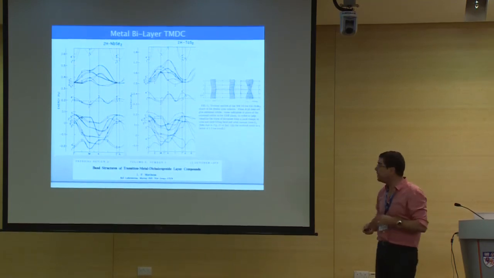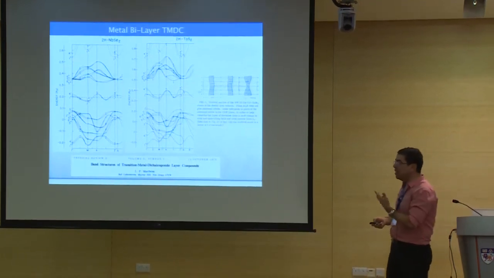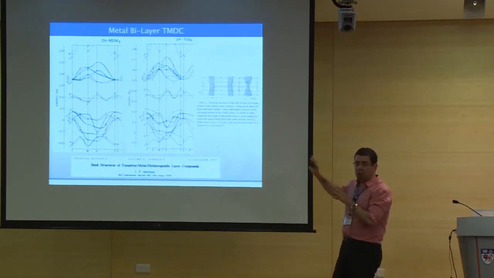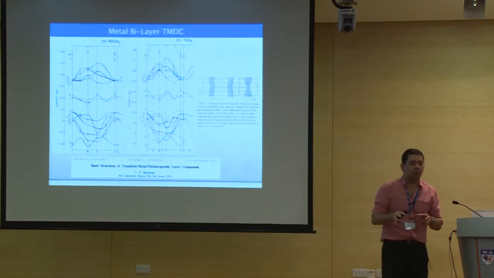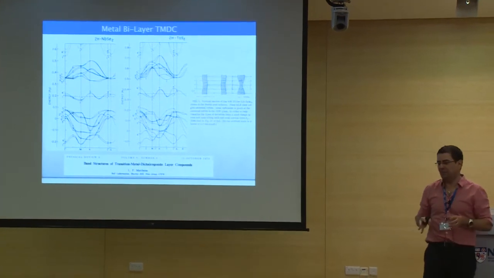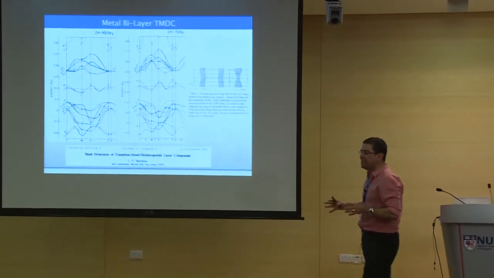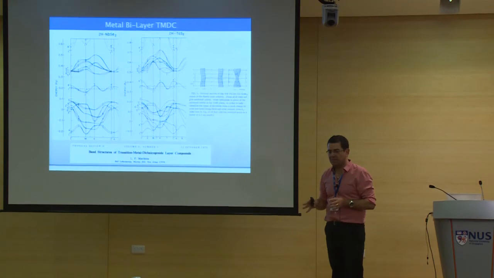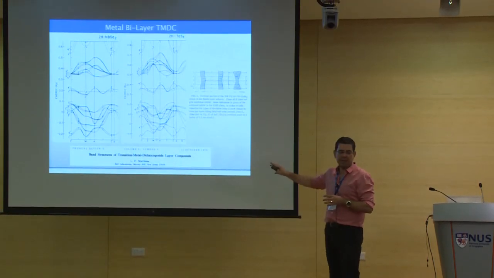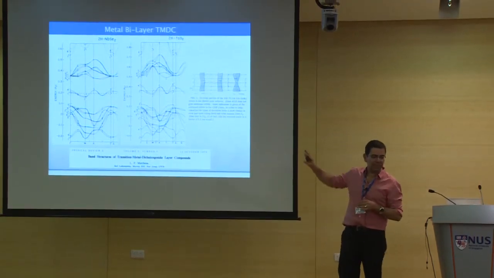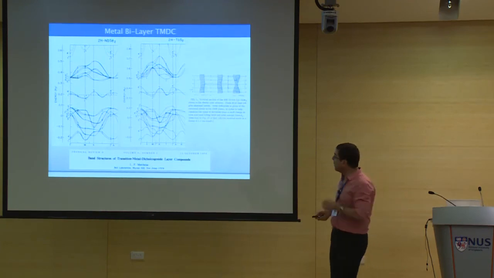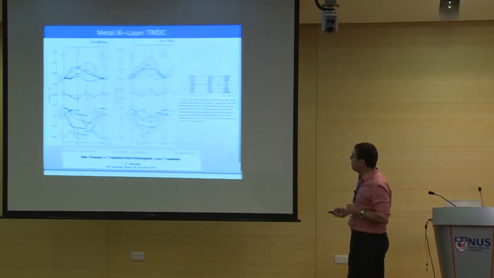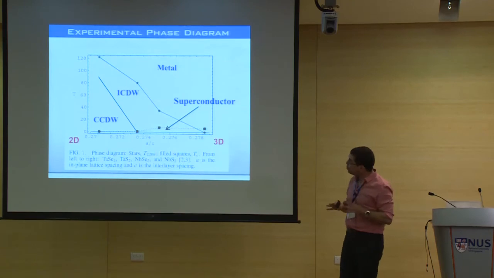I'm going to show some data about that. I want to review a little bit the data on this because I feel that most people do not know this literature, and it's a very exciting literature in its own right. I want to show you the richness of physics that you have in these materials. So this is just band structure. Here, I'm going to show a few phase diagrams.